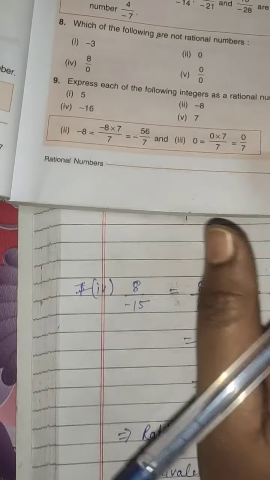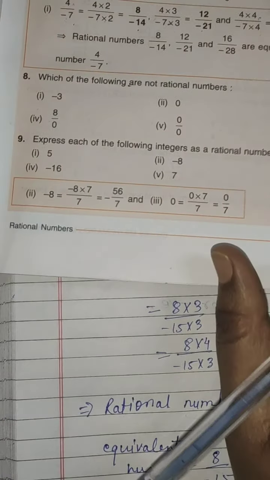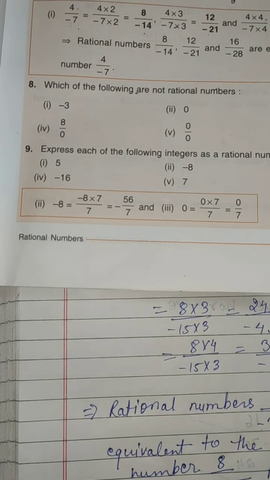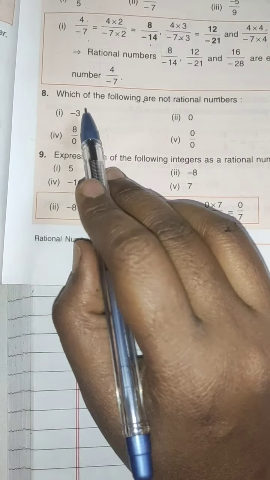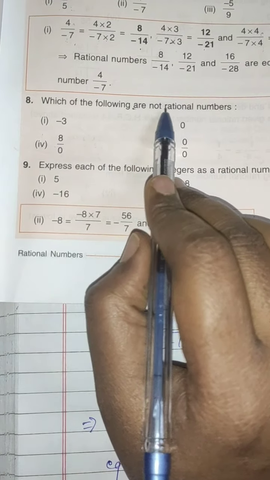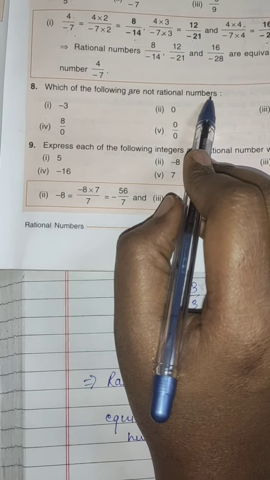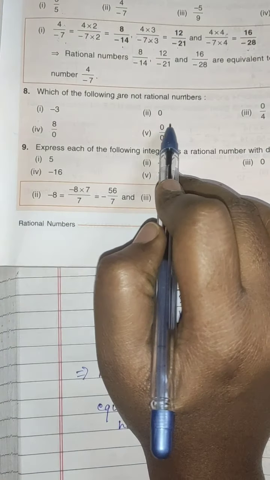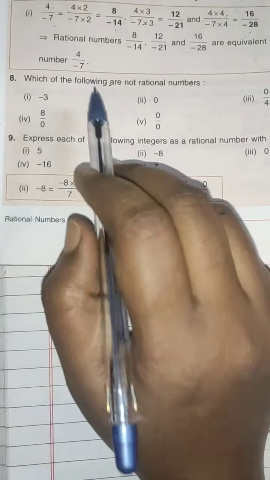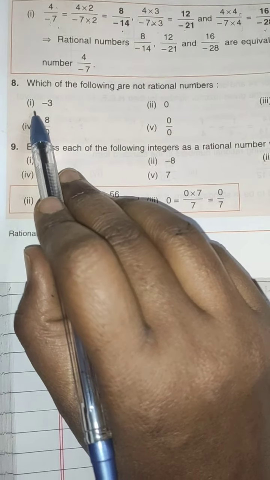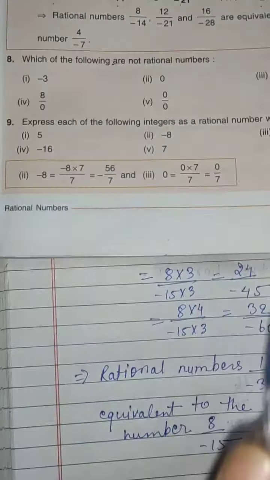Now students, let's see question 8. What is the question saying? Which of the following are not rational numbers? We have to find whether they are rational numbers or not. Now let's see the first one. What is given? Minus 3.